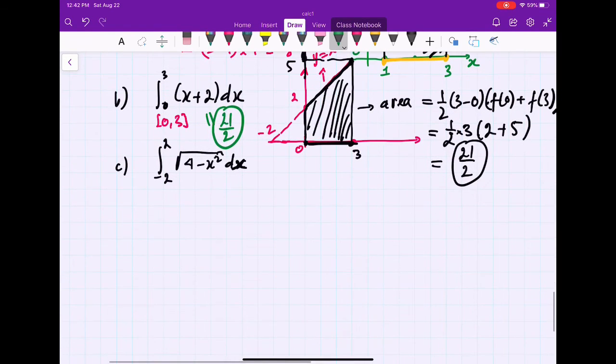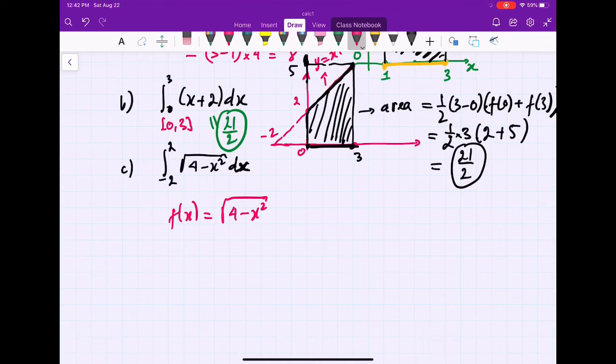So the integrand function in this case is f of x equal to square root of 4 minus x squared. And if you put this as y, then you square both sides, you get 4 minus x squared equal to y squared, or x squared plus y squared equal to 4.